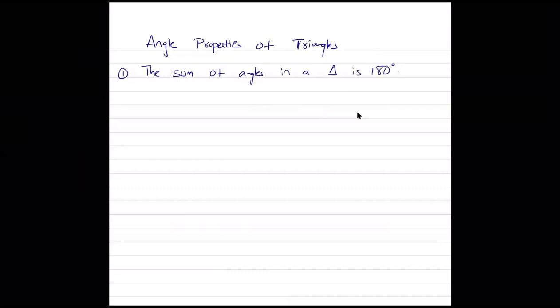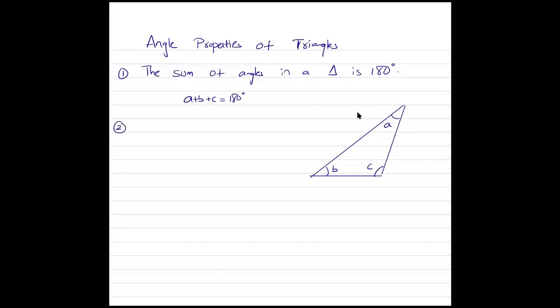So if I draw a triangle here, angle A plus B plus C must add up to 180 degrees.